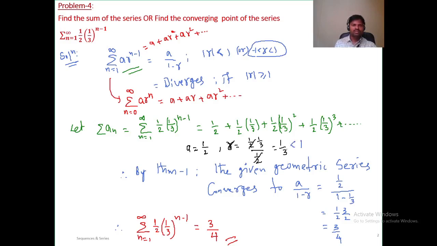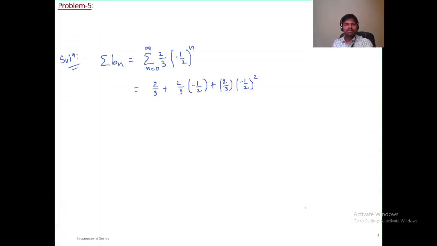Compulsory r should lie in this interval only. So if you want, you can write this very clearly: minus 1 less than 1 by 3 less than 1. So since the r value lies in this interval, therefore the series converges to a by 1 minus r. That one compulsory you have to check.